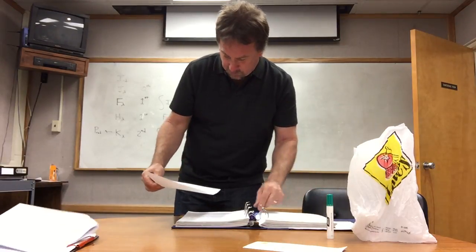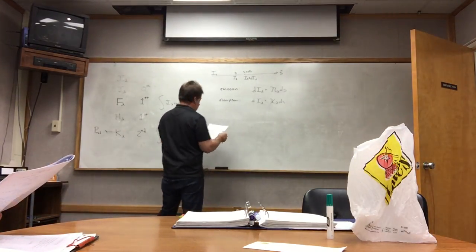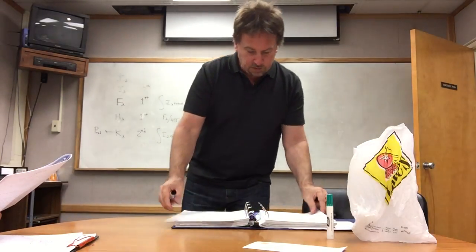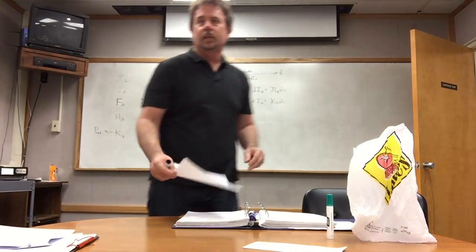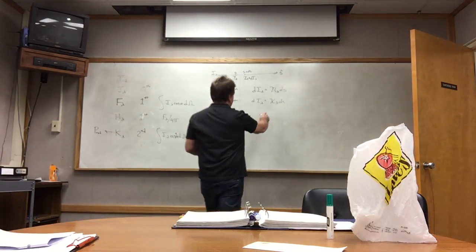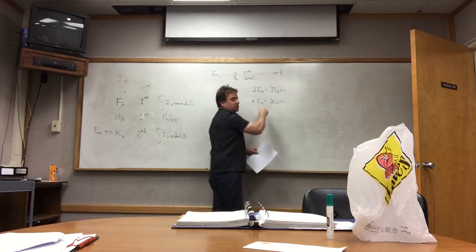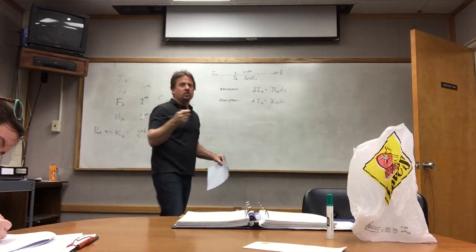I don't have it in my notes for some reason. I guess it's because I already introduced the absorption coefficient way back when. You remember the opacity? The opacity is the rate at which photons are removed from the stream per centimeter. It has units of centimeter minus 1.